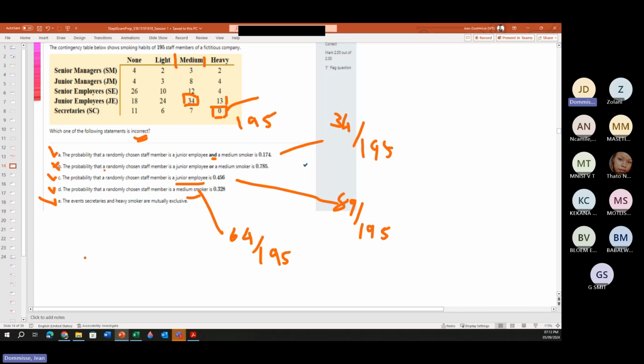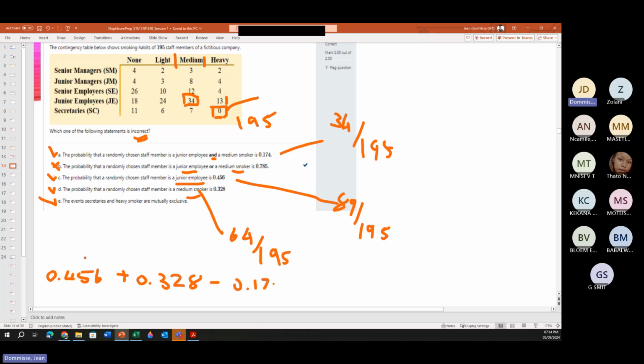And so the remaining one is the incorrect one, but let's see why. The probability that a randomly chosen staff member is junior or medium smoker. We've got junior, we've got medium smoker, and we've got the and.